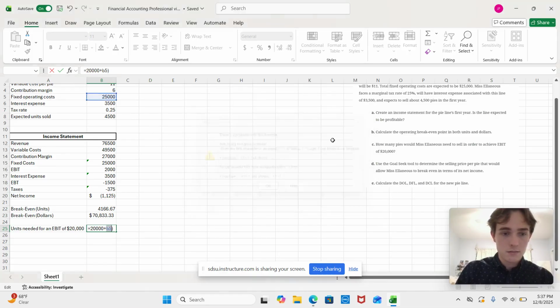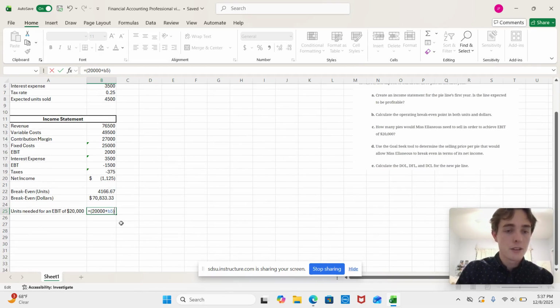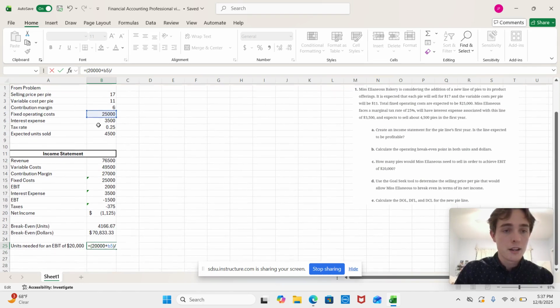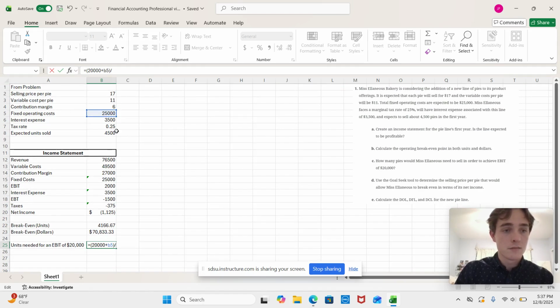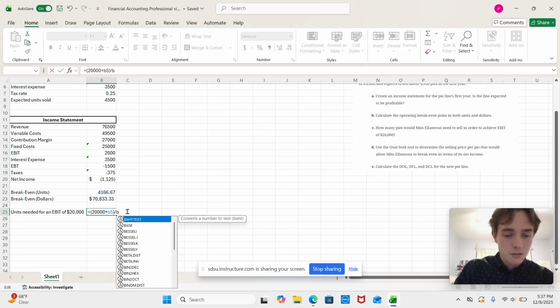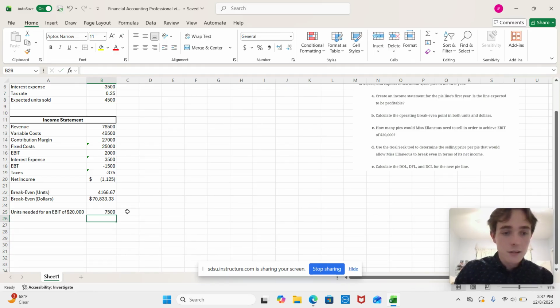Okay, some technical difficulties. I forgot that you can't do that. So we're going to do parentheses this, and then we are going to divide this by the contribution margin. So we're going to do divided by B4, and right there we get 7,500 units.